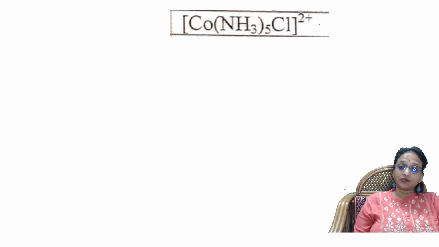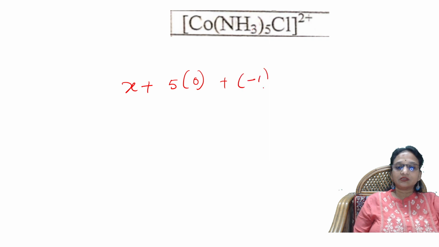Co(NH3) taken. Okay, there is a charge given. First, let us calculate. This is X. This is neutral ligand, ammonia, 0 plus. Chlorine is minus 1 only, is equal to plus 2. So X is equal to plus 3. Simple. Name it.